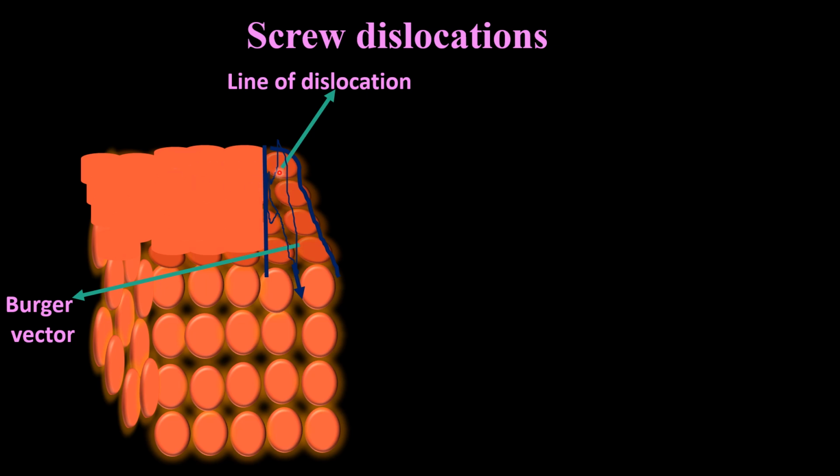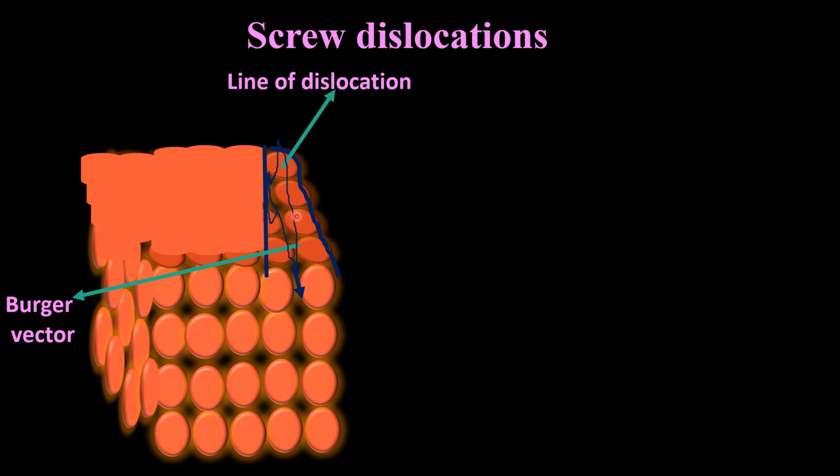It's not along the whole crystal, but it is a localized type of distortion along this direction. As this plane moved one atomic distance apart, the Burgers vector will be along this direction. In this case both are parallel to each other.